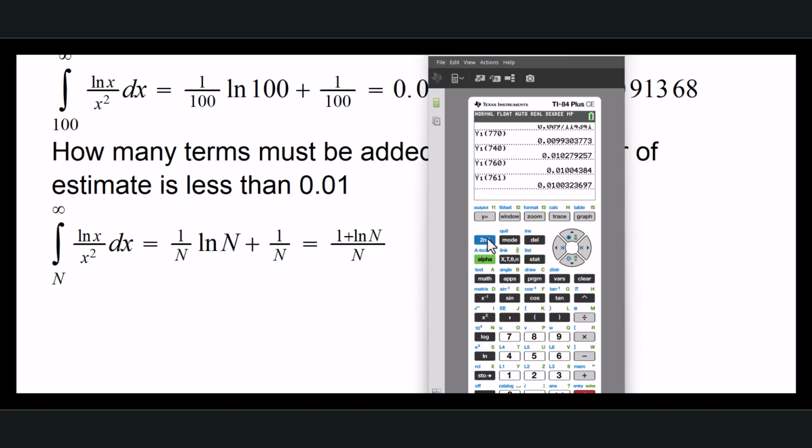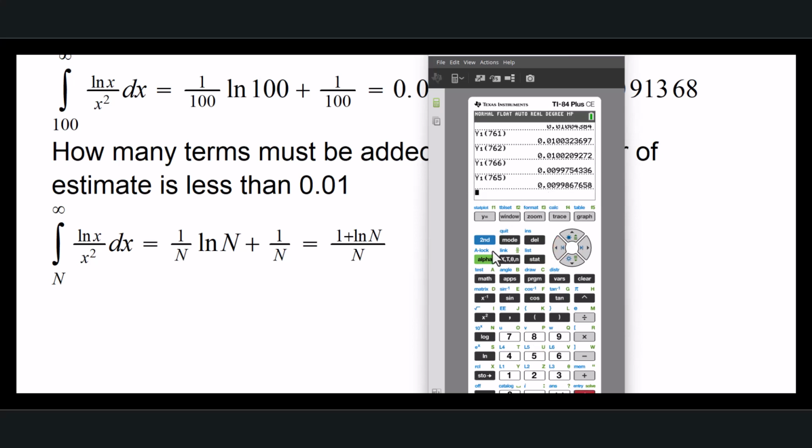So we will try, let's go farther. Okay, good. How about trying 765 here?